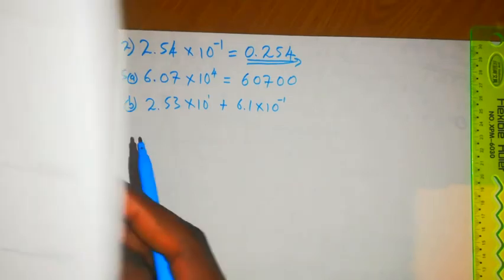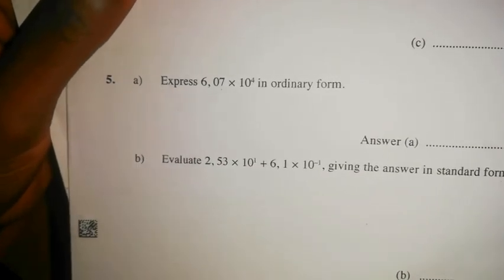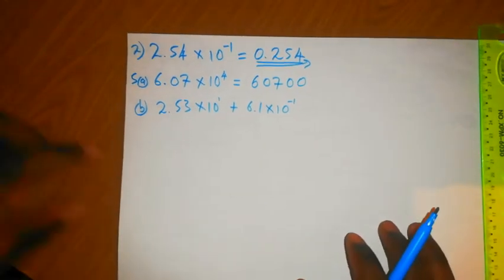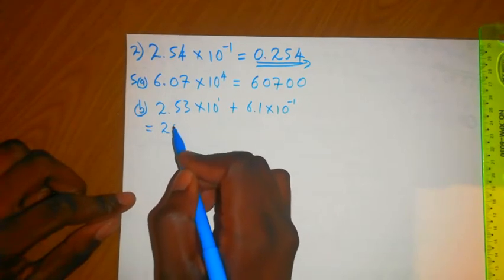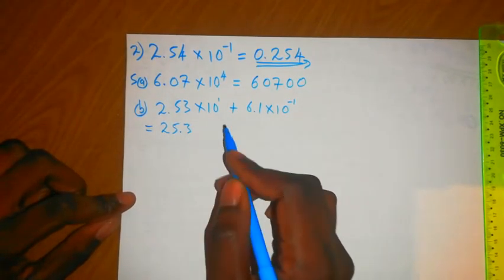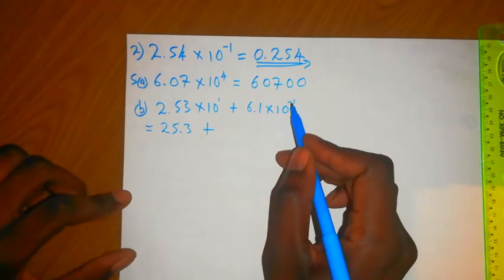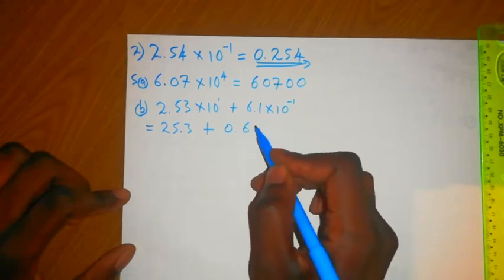Then the second question was saying evaluate 2.53 times 10 to the power 1 plus 6.1 times 10 to the power negative 1. We have to first convert every number into its ordinary form. For instance, this one is going to be equal to 25.3 plus, this one is abnormal, so it's going to be plus 0.61.